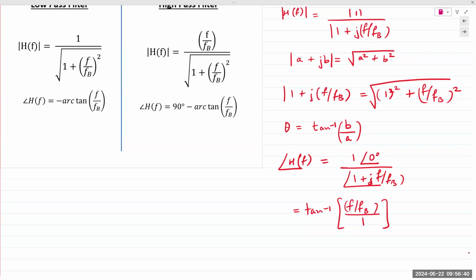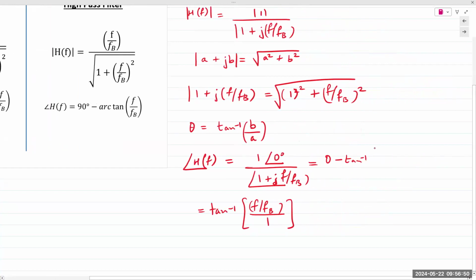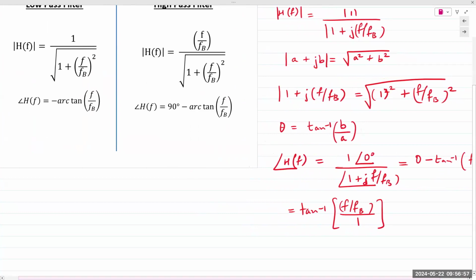Does that make sense? Now, this simply becomes 0 minus tan inverse of f over fb. And that's the derivation. Hence, it becomes minus tan inverse of f over fb.